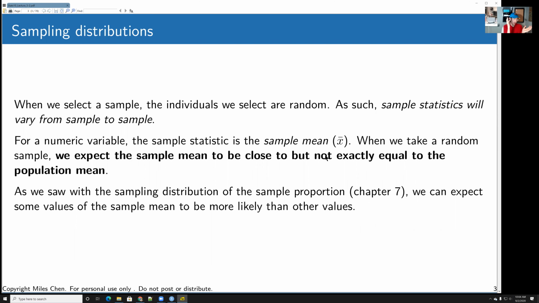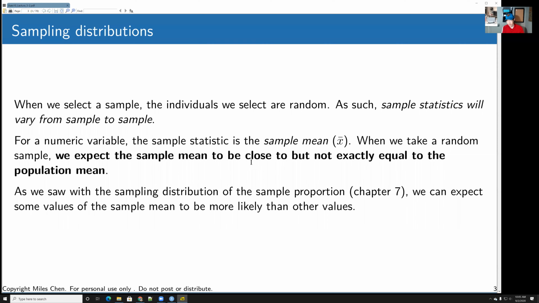When we take a random sample of 30 people and ask what is the mean age of these 30 people, and then take another random sample of 30 people, because the people in each group are randomly selected, we're going to get different sample means. Across many different samples, we expect the sample mean to be close to, but not necessarily exactly equal to, the population mean.